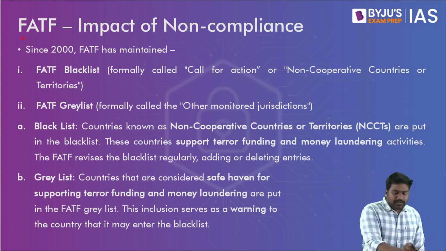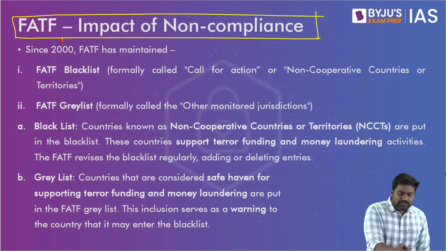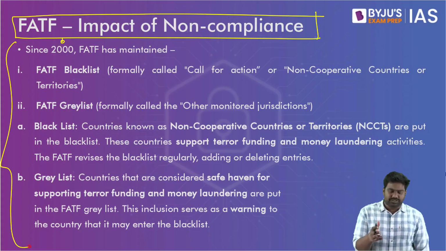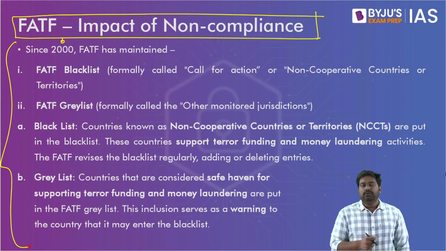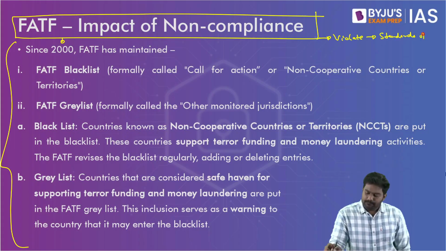Got it? Now, what will happen if a country does not comply? Let's say a certain country or jurisdiction doesn't follow these standards. What if they deliberately violate the standards laid down by FATF? What if they don't follow the anti-money laundering and counter-terror financing measures?